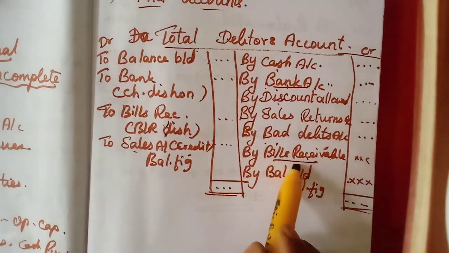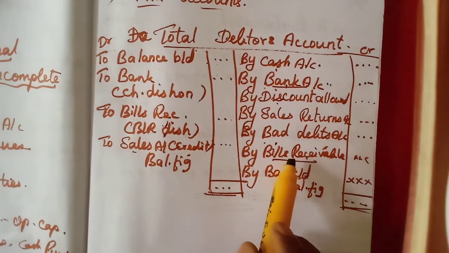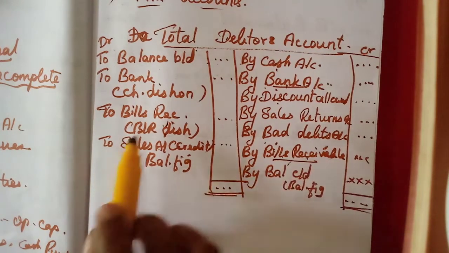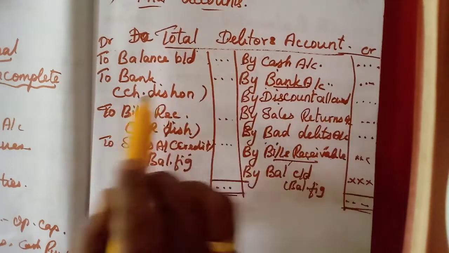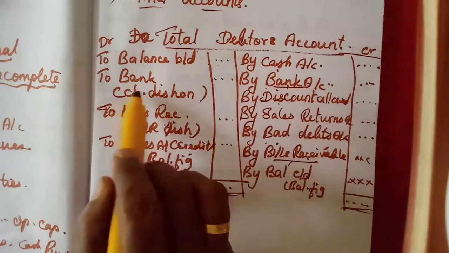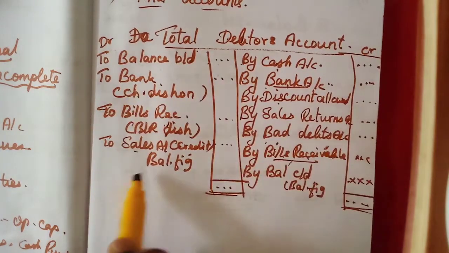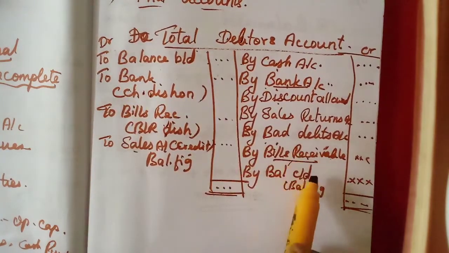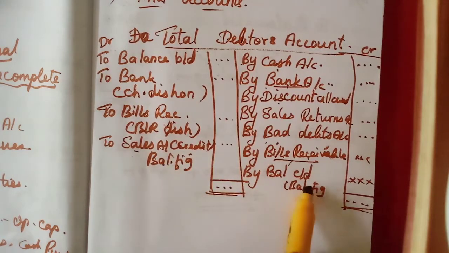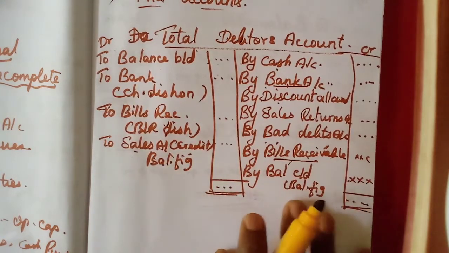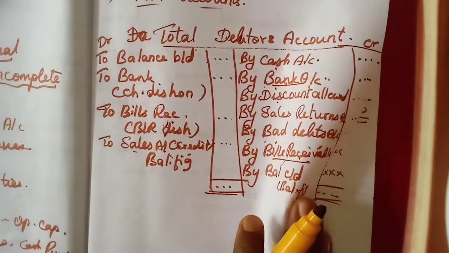Bills received, the balancing figure we have calculated now, no? That bills receivable account debtor to debtors account. Then if the cheque is dishonored, debtors account debtor to bank account. Everything we have written. Either credit sales will be the balancing figure, or the closing balance will be the balancing figure.